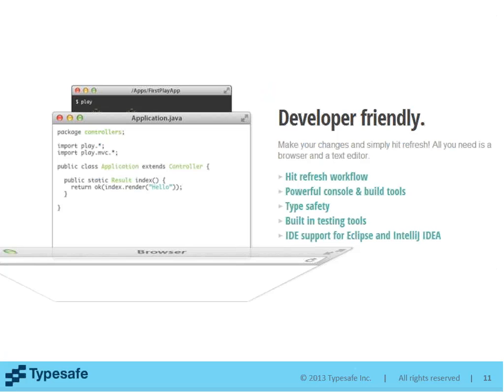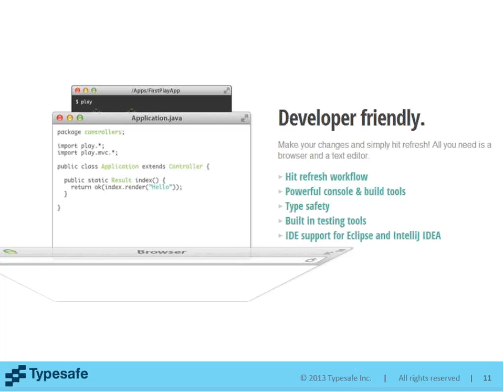You have to recompile, you have to rebuild a WAR file, you have to redeploy your WAR file, sometimes you have to restart Tomcat. And what we've done in Play is to make it very developer-friendly where to see your changes, you just hit refresh in your browser, and then you see the latest version of your code. So it makes for very fast iterations when you're building your application, which leads to much better productivity.